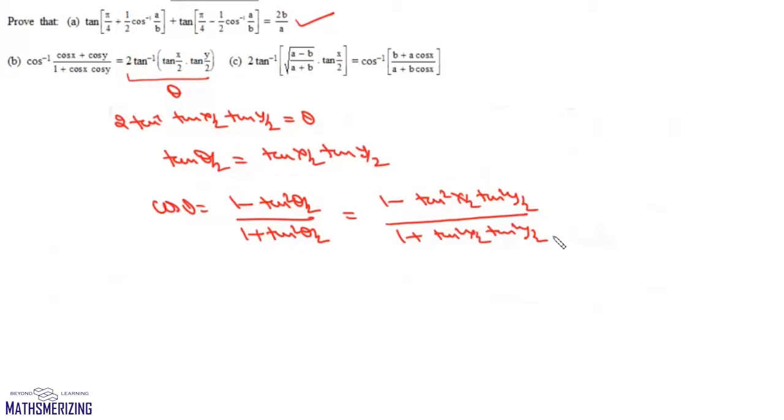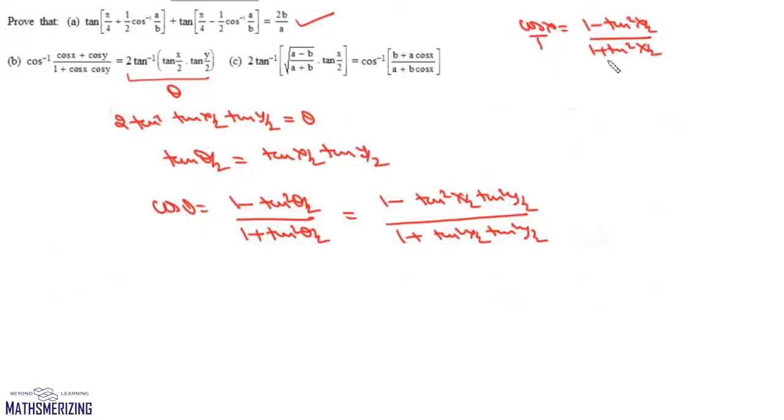Now we need the result in terms of cos x and cos y, not in terms of tan square x by 2 and tan square y by 2. Now we know that cos x will be 1 minus tan square x by 2 upon 1 plus tan square x by 2. So we'll use componendo and dividendo.